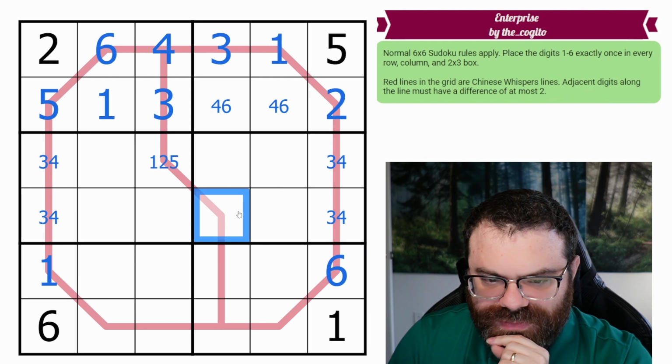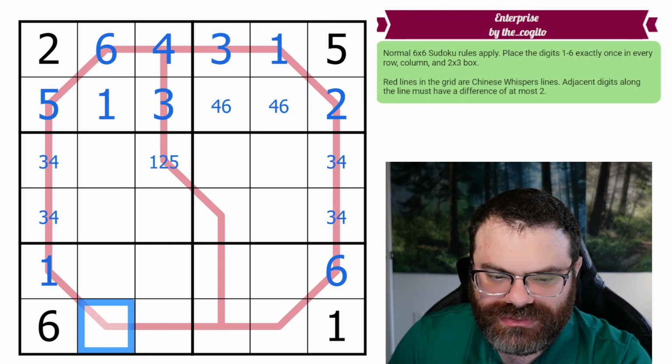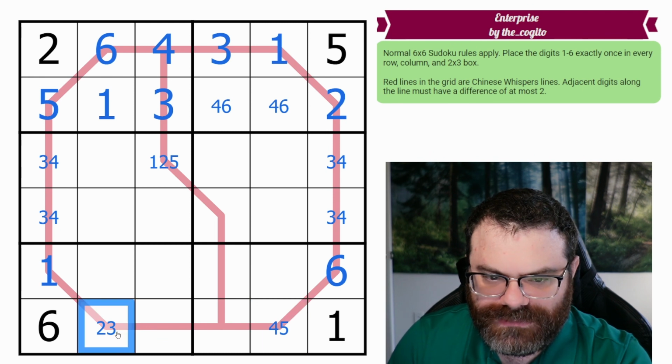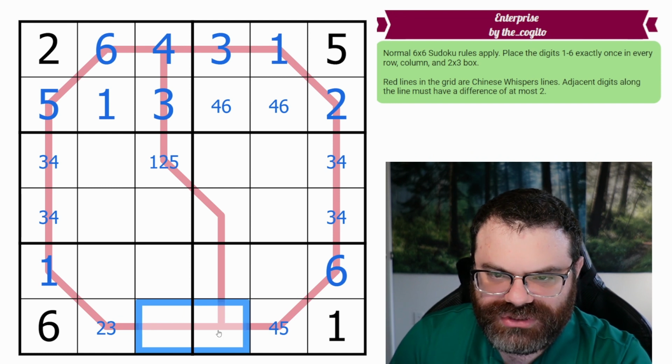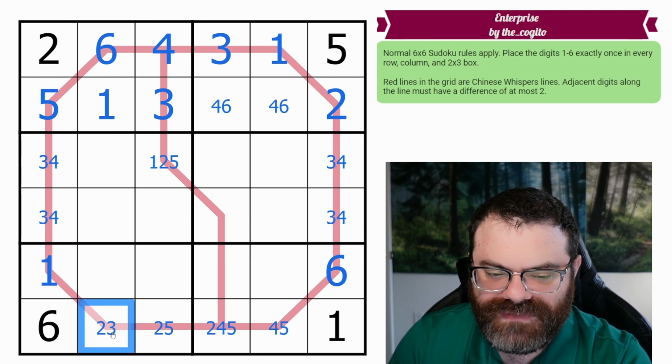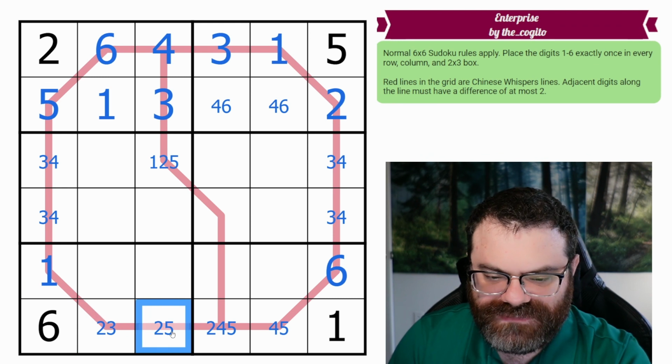So this is also from 1, 2, 5, 6, but I don't know that it's restricted at all. Well, let's think about this 1 here, right? This goes to 2 or 3. The 6 goes to 4 or 5. So we need 2, 3, 4, 5 in general. Let's write that out. This can't be 3 or 4. So if I put a 2 here, that's bad because that's a 5, and 2 to 5 is 3 away.